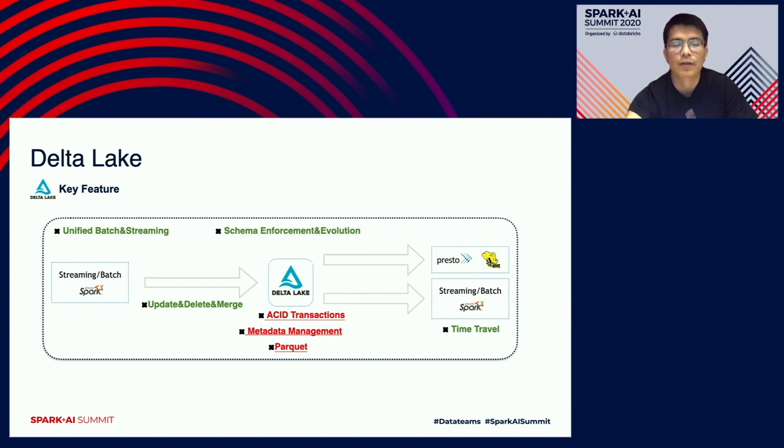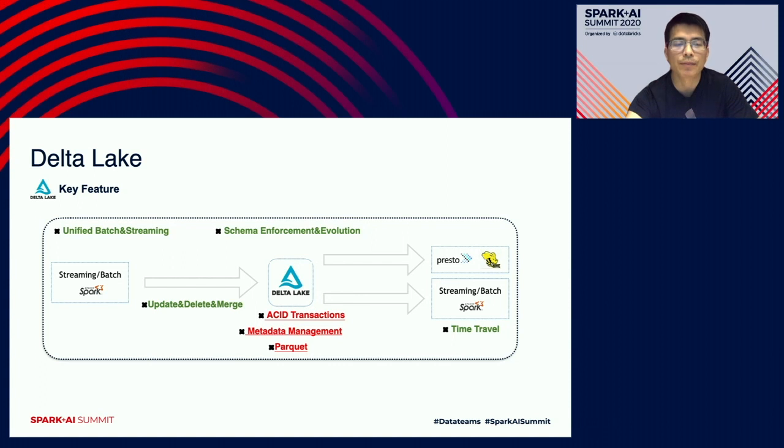That is, we can use SparkStreaming to sync data to a data table, and at the same time, we can do a batch query on the same table. So it is easy to build a real-time data pipeline.